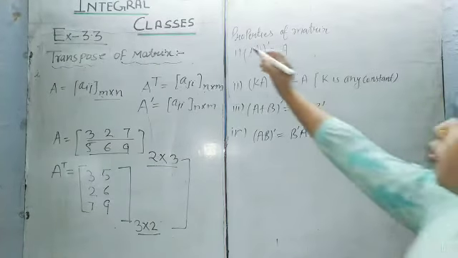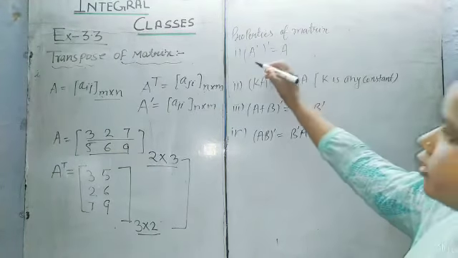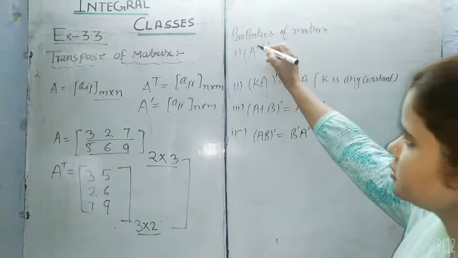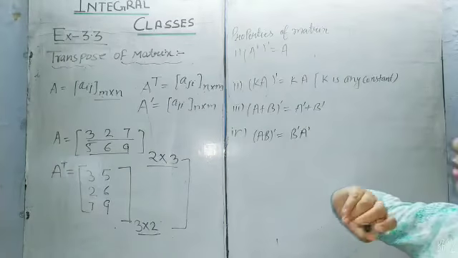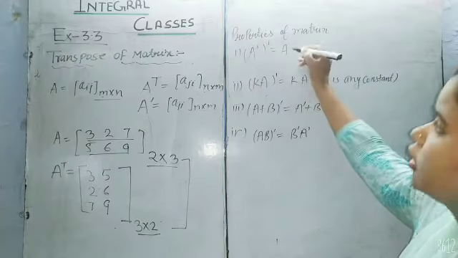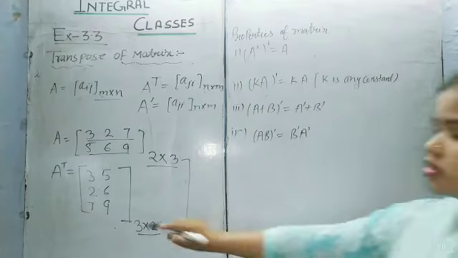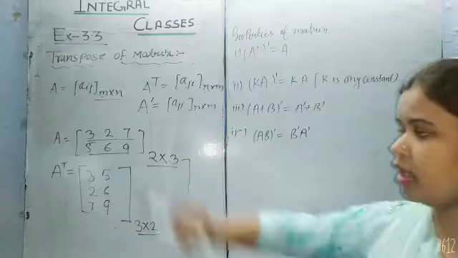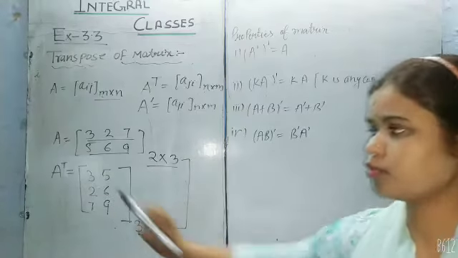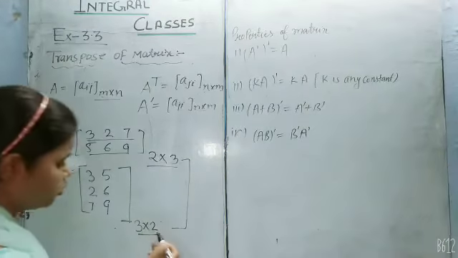Next topic is properties of transpose. If we take a matrix and its transpose, and again take the transpose, then it is equal to A. How? Suppose it is a matrix A and we take its transpose, then 2 cross 3 changes into 3 cross 2.